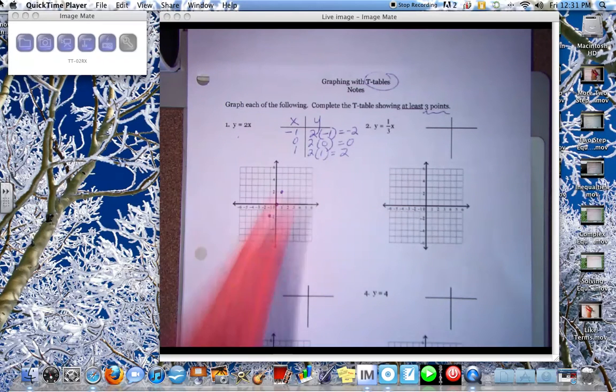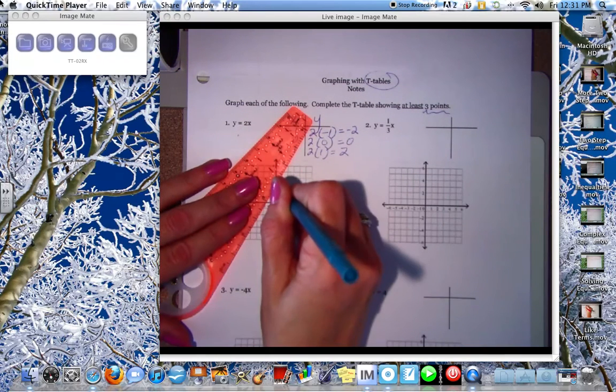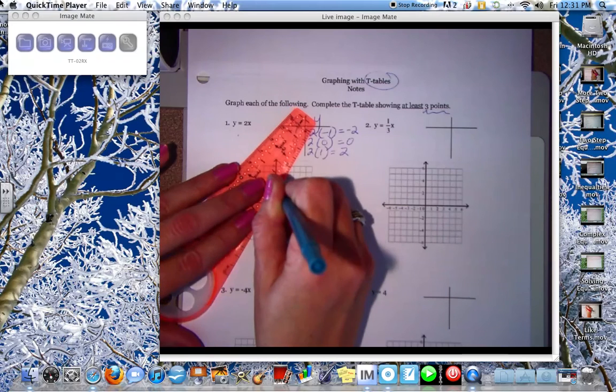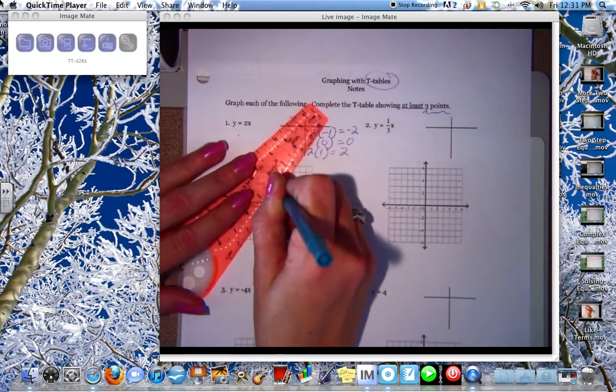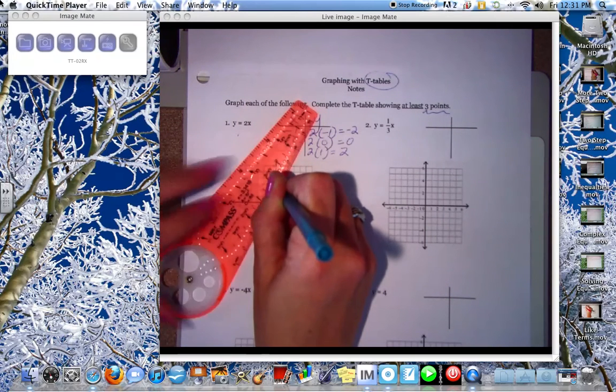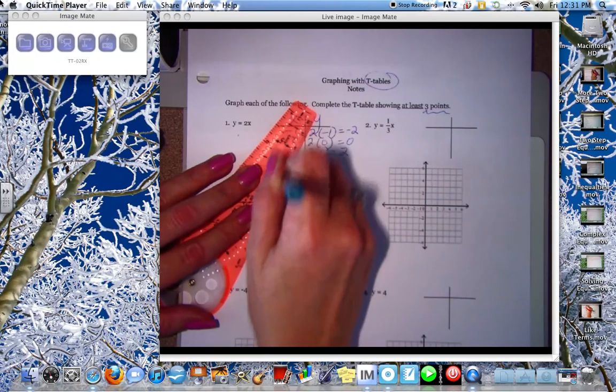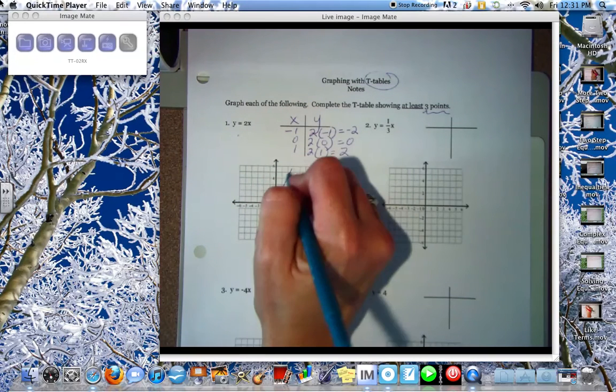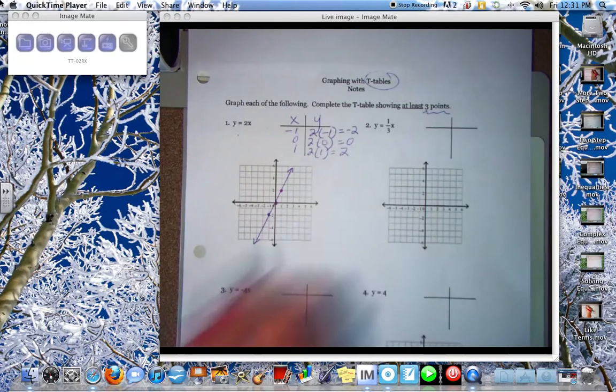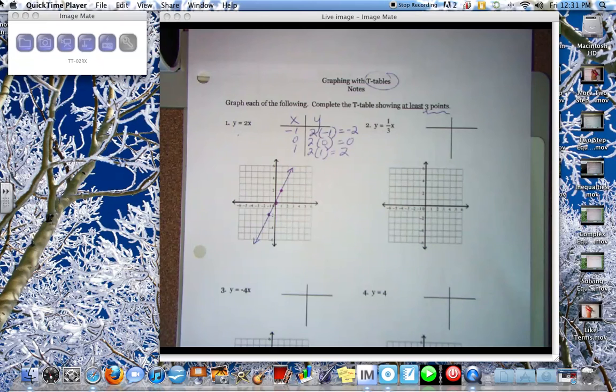So the goal here is to graph this equation. And this equation should always give you a straight line, because these are linear equations. If you don't have a straight line, then you have a problem in your math somewhere.